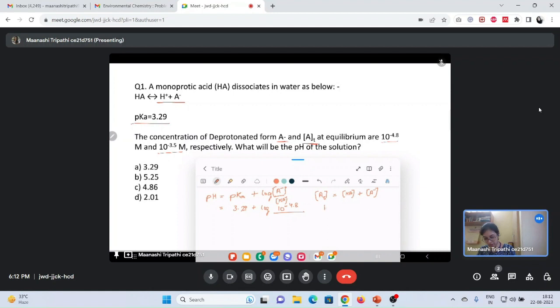So how can we calculate HA? Simply AT minus A negative. So we'll keep it here directly: 10 raised to power minus 3.5 minus 10 raised to power minus 4.8. So just by solving this, we can directly get the pH value.